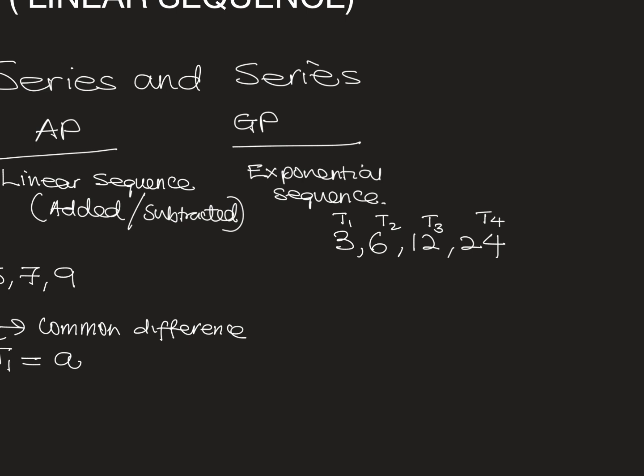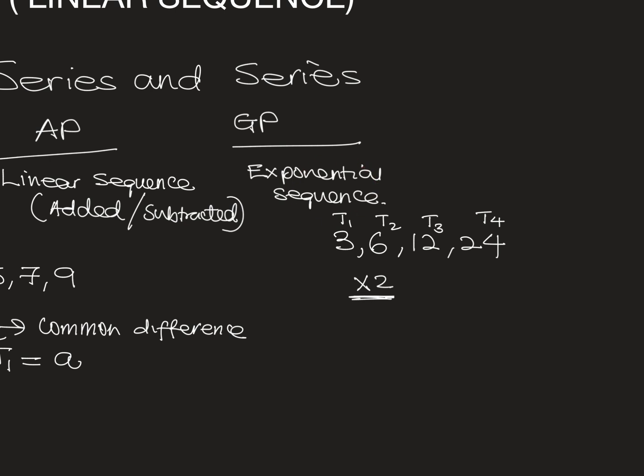What we realize here is that the successive numbers are obtained by a multiple, a factor of 2. So 3 times 2 is 6, 6 times 2 is 12, 12 times 2 is 24. You are not going linearly, but the numbers are increasing exponentially. So that is called geometric progression.